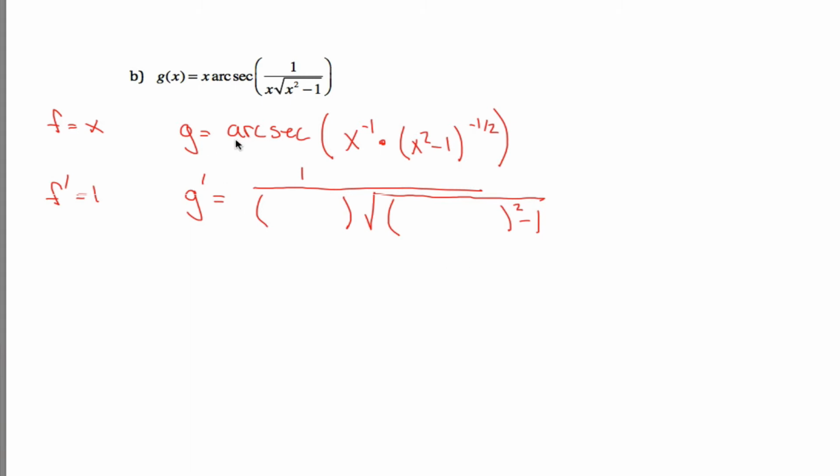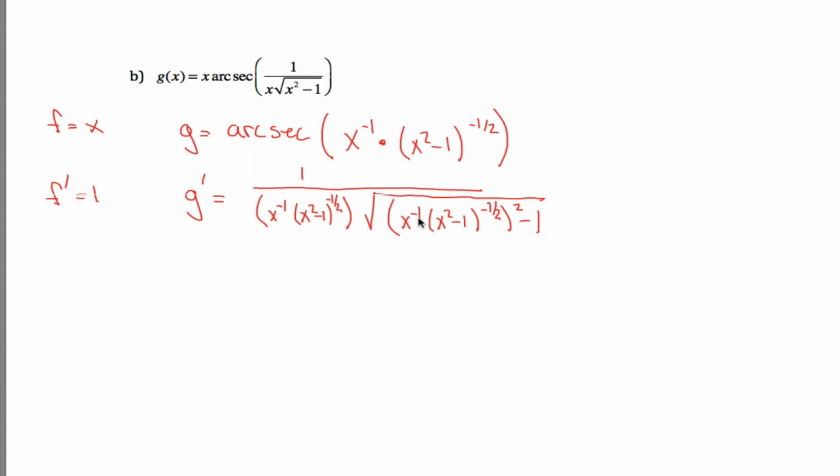But I'm not trying to find the derivative of arc secant of x, I'm trying to find the derivative of arc secant of all this stuff. So in each of these parentheses, I'm going to copy all that stuff, x to the negative 1 power, x squared minus 1 to the negative 1/2. Over here, x to the negative 1 power times x squared minus 1 to the negative 1/2.